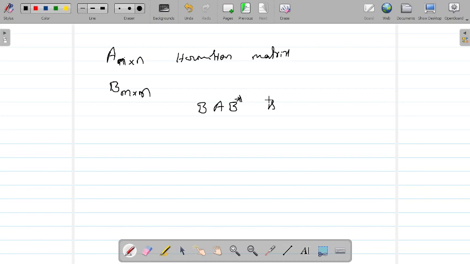Now I need to transpose it. That will be 1 plus i, and this is the same as A. So you see that the diagonal entries must be real. For Hermitian, this is what we want: A whole conjugate must be equal to A transpose. This is what you expect.